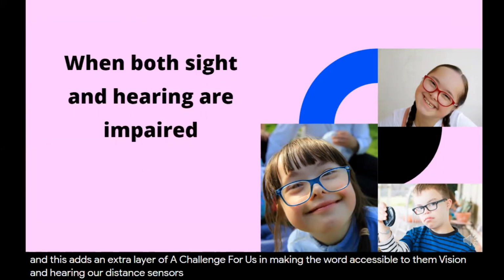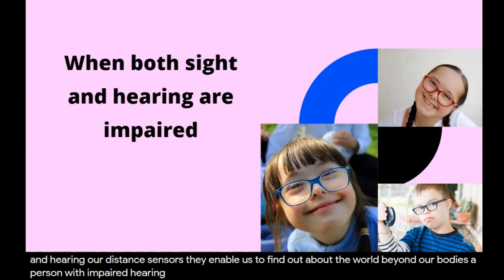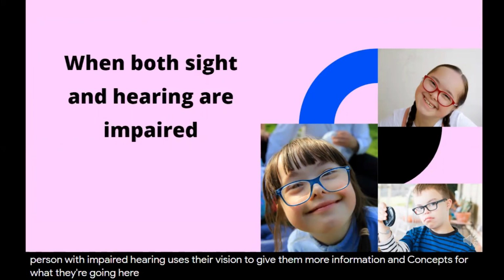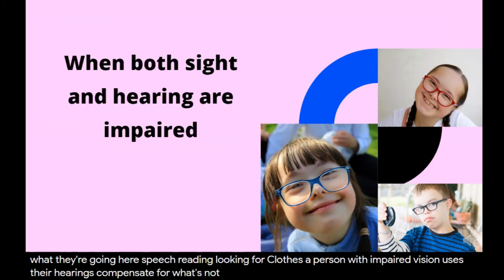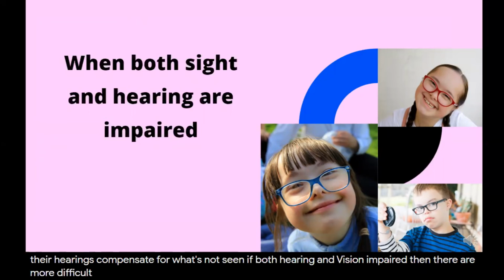They enable us to find out about the world beyond our bodies. A person with impaired hearing uses their vision to give them more information and compensate for what they don't hear. Speech reading, looking for clues. A person with impaired vision uses their hearing to compensate for what's not seen. If both hearing and vision are impaired, then there are more difficulties in compensating.